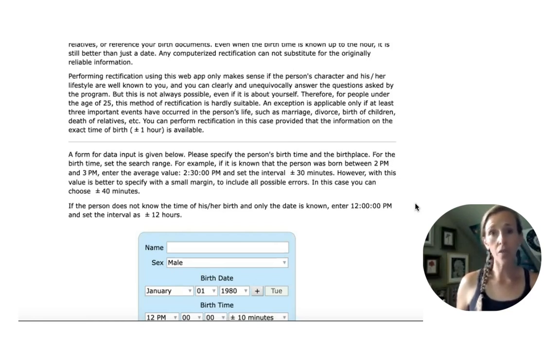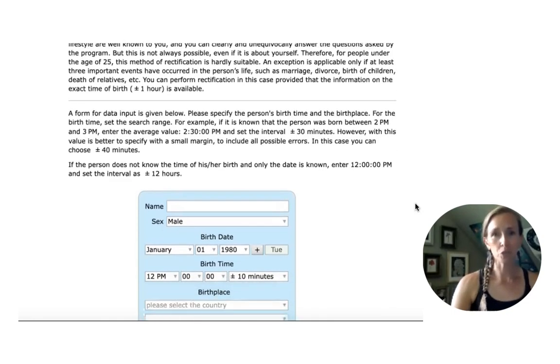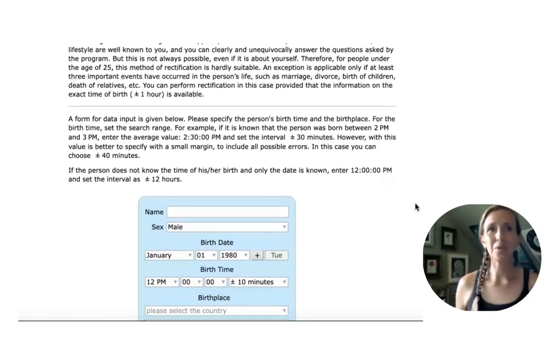Sometimes you can even call the hospital where you were born and they will know. But these rectification tools can't replace the actual time that was recorded when you were born. And again, going back to the idea of the astrologer who can rectify it, they would ultimately be the best person because you'll be able to talk it through with them.